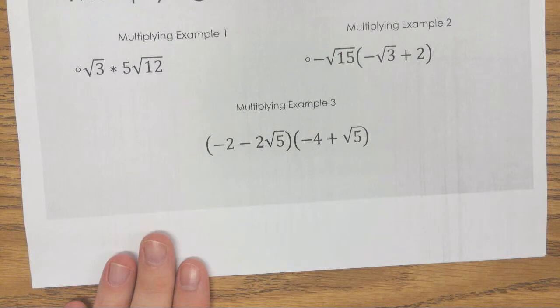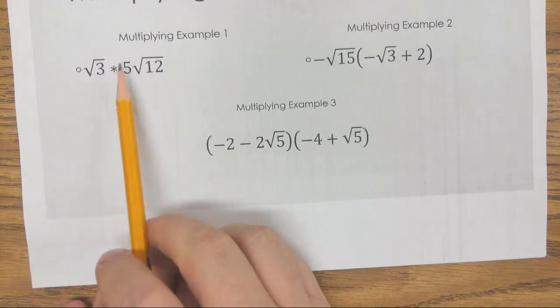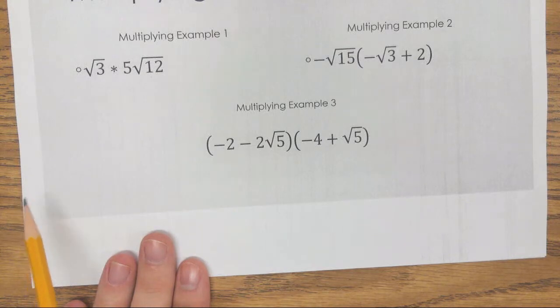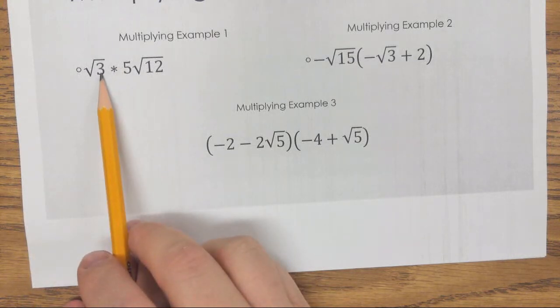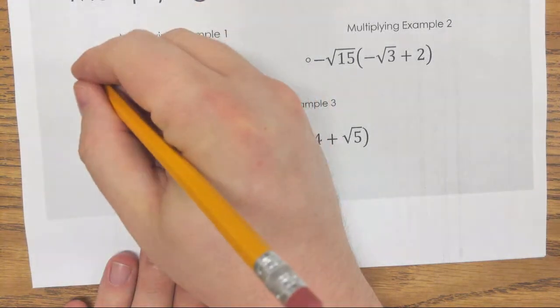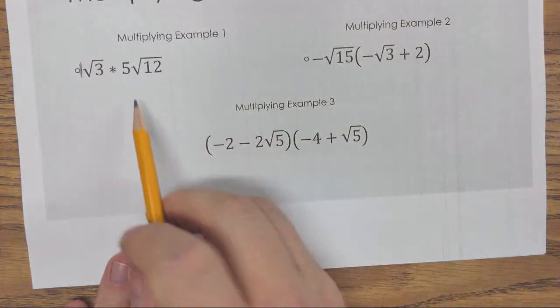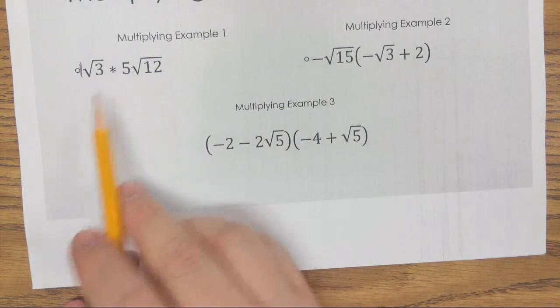All right. So, when I'm multiplying radicals, this is just like anything else, except now the first step is that I'm going to multiply since I've got some multiplication going on. Now what happens here is whatever number is out front multiplies by whatever number is out front here.